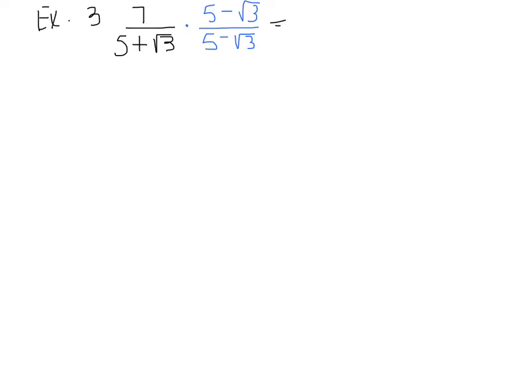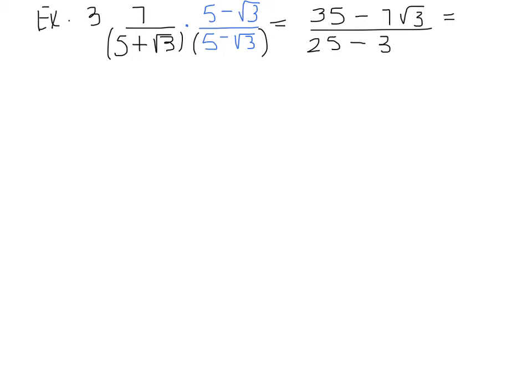So in the top, I'm going to multiply the 7 times the 5, which is 35, minus 7 times square root of 3, which is 7 square root of 3. And in the denominator, I'm going to FOIL it, but since they're conjugates, then all you have to do is 5 times 5, which is 25, and then square root of 3 times the negative square root of 3 would just be minus 3.